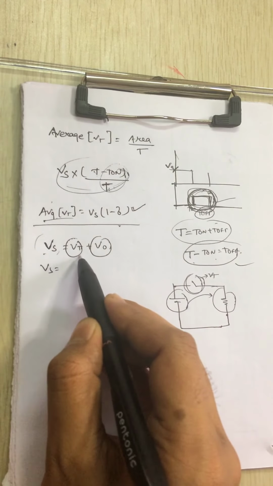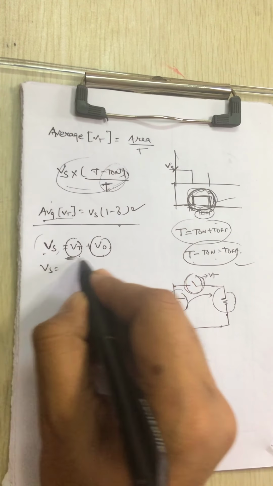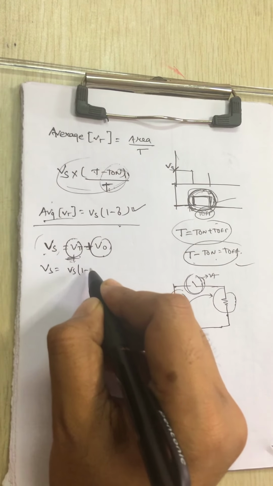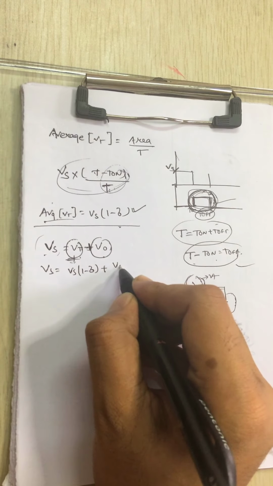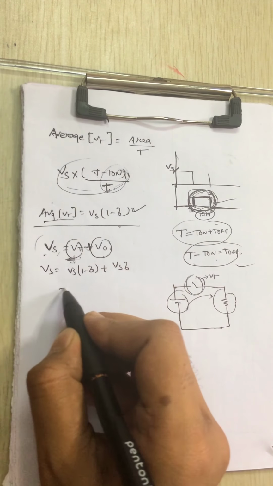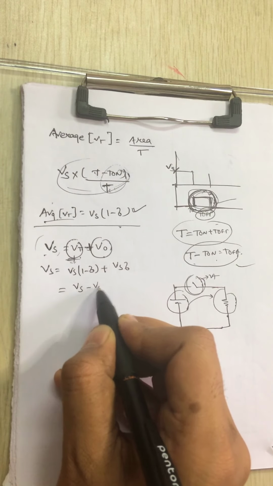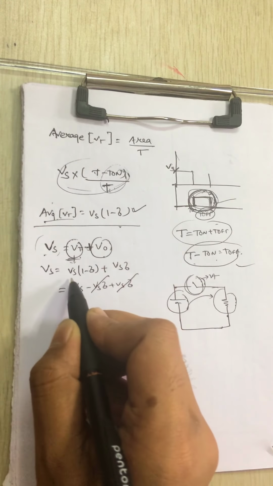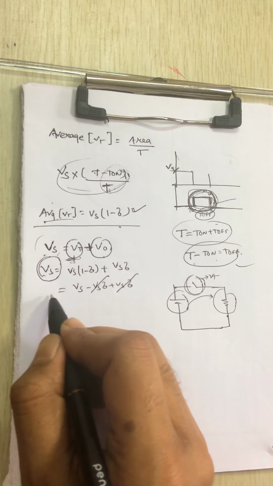So the average voltage is Vs into (1 minus delta) plus Vs into delta. If you solve this, you get Vs minus Vs delta plus Vs delta. So you can verify that whatever supply voltage you apply, the LHS equals the RHS.